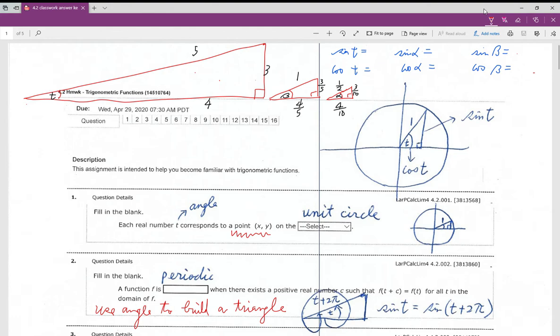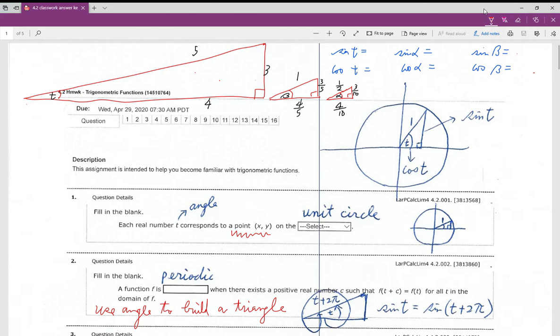Now, today we start real trigonometric functions, section 4.2. Same thing: this section has too much material to cover, so I may need to separate it into at least 4 videos.